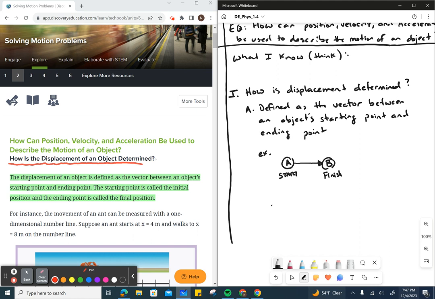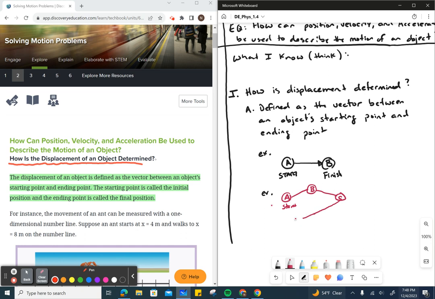What if I have this kind of example? Point A is where I start. Point B, maybe I go to the grocery store. Point C, maybe I go to school, and maybe I ask my mom and dad if I can spend the night at my friend's house.